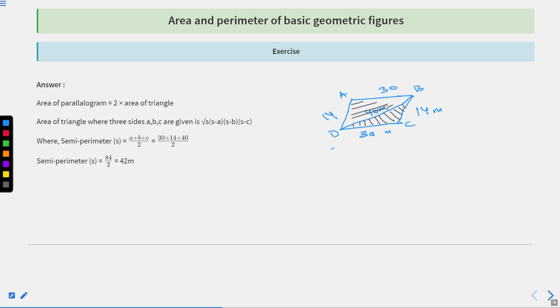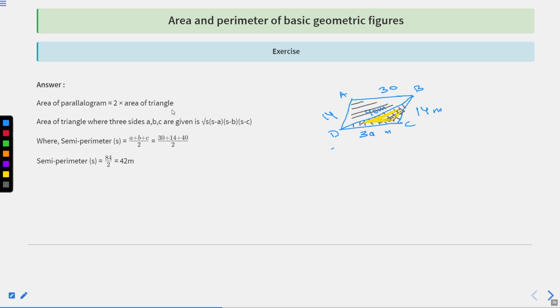So my question has now changed. I don't have to compute the area of the complete parallelogram. If I can find the area of one portion only, and the other portion is the same, then I can double it to obtain the area of the complete parallelogram. So I just have to find the area of this yellow part.